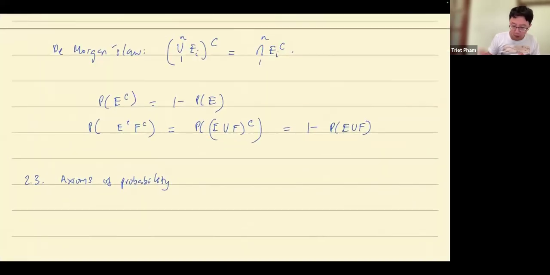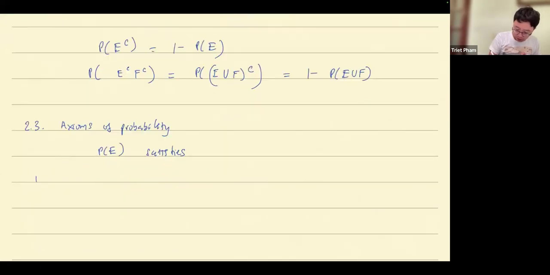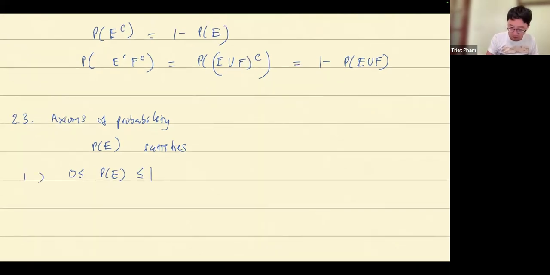Now we'll talk about how to assign the likelihood, the probability. Any probability of an event should satisfy three things. The first thing is that it should be a number between 0 and 1. That's somehow the convention.